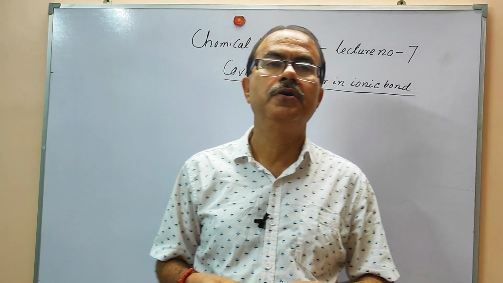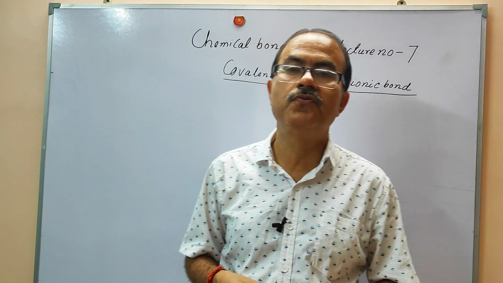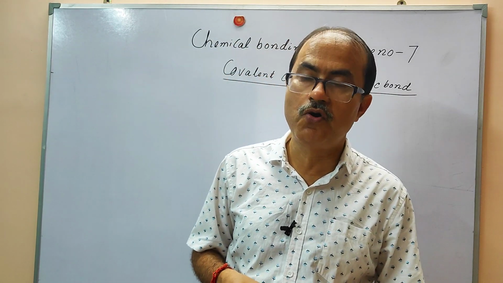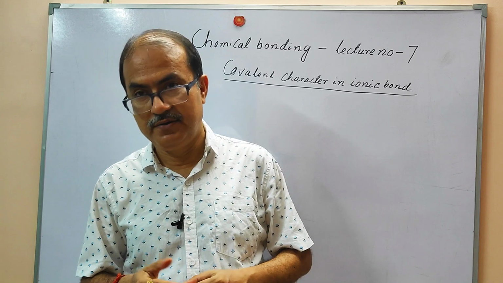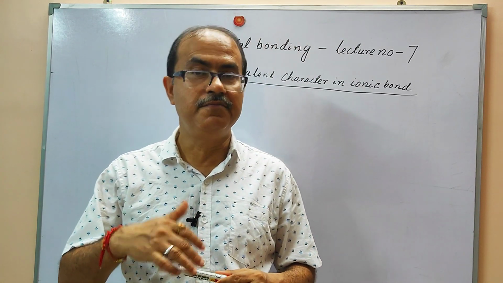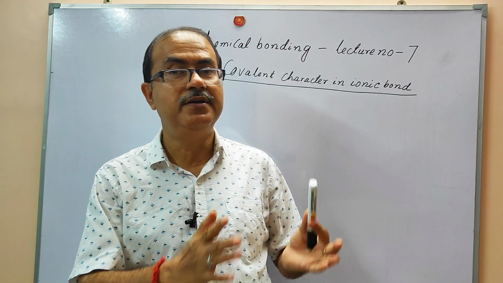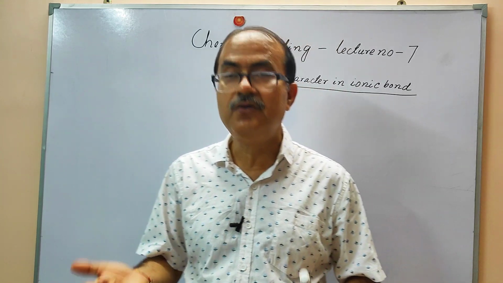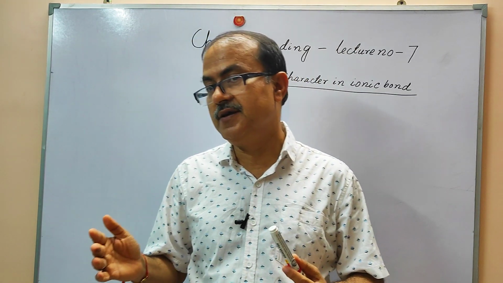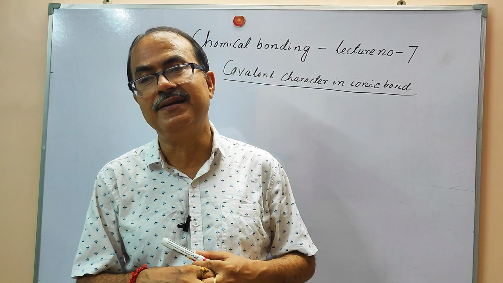In this lecture, with reference to our previous lecture, where we discussed how a covalent bond becomes polar, we will discuss the reverse: how ionic bonds acquire some percentage of covalent character. An ionic compound is considered 100% ionic, but it has some percentage of covalent character in it.